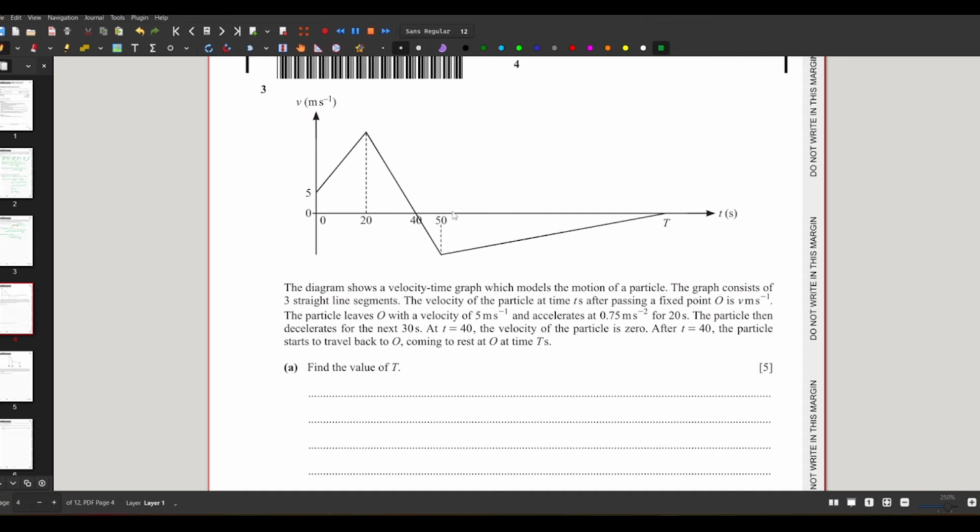We know that the part of the graph above the x-axis is the forward motion. If you calculate the area on the graph, you get the forward displacement. And if you write an expression for the area of the graph below the x-axis, you get the displacement for the backward motion.